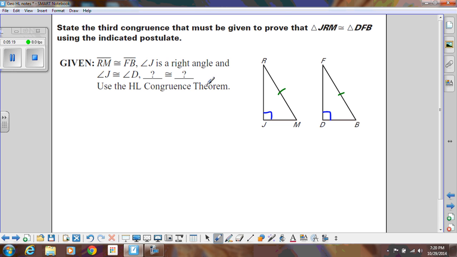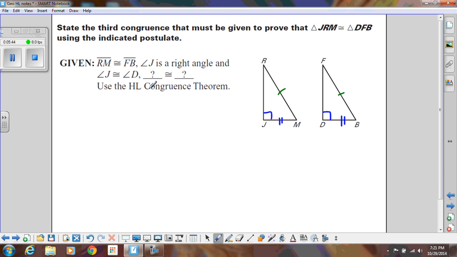So what else do I need to know if I'm going to use the HL? Well, we already have the hypotenuse, and we already know this is a right triangle, so I really need to know a leg. So I either need to know JM is congruent to DB, or I would need to know JR is congruent to DF. And you know what? Let me put a double tick mark there. I don't want you to think that that's congruent to the hypotenuse as well.